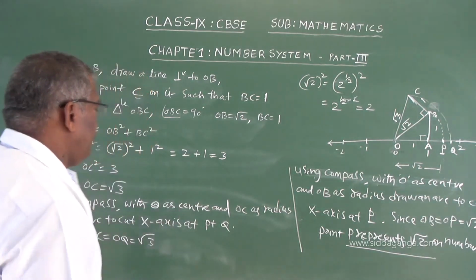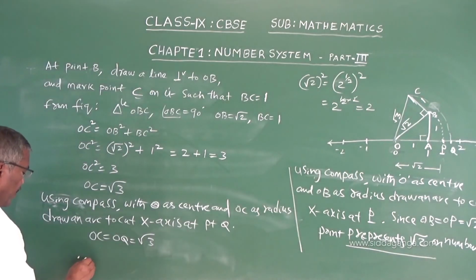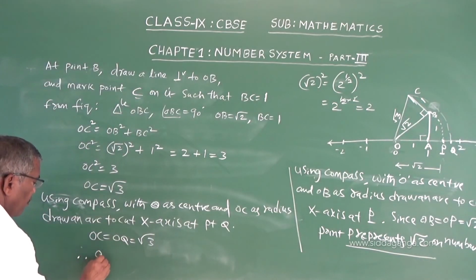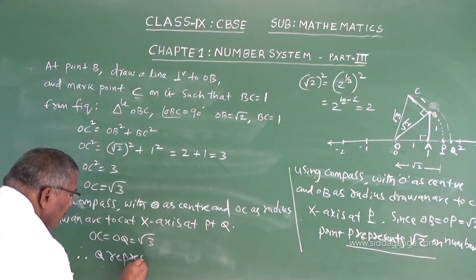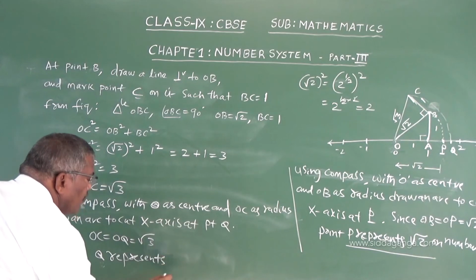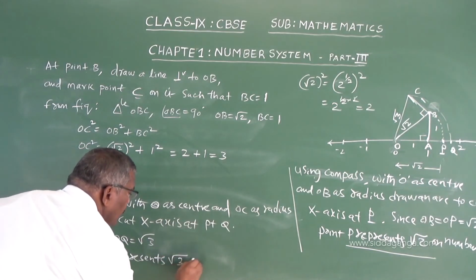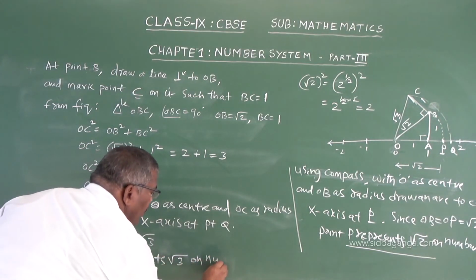So therefore point Q represents root 3 on the number line.